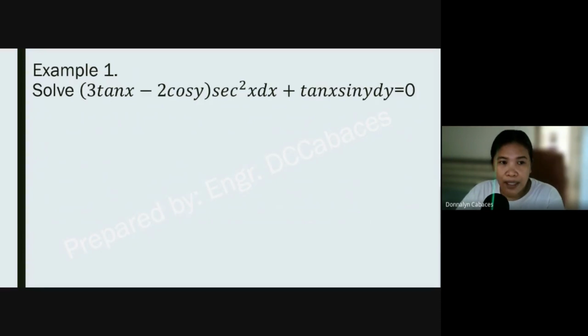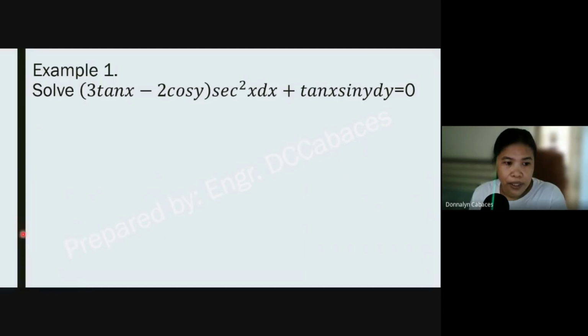The first problem, we are asked to solve the equation (3 tangent x minus 2 cosine y) secant squared x dx plus tangent x times sine y dy is equal to 0.